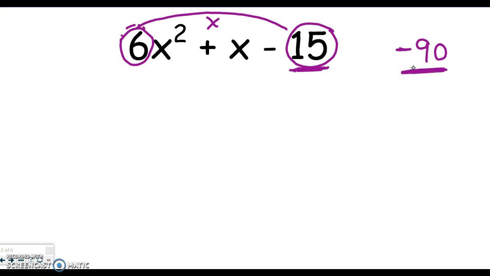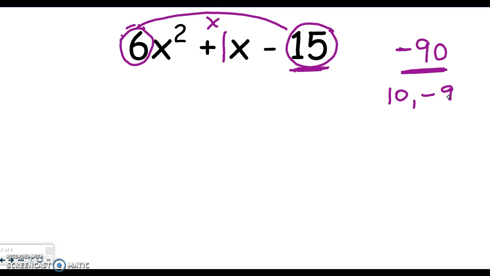We're going to find factors of negative 90 that add up to the 1 in the middle there. Okay? So you can start listing them out if you want. I'm just going to come right out with them. Okay? Positive 10 and negative 9, when they are added together, add up to 1.